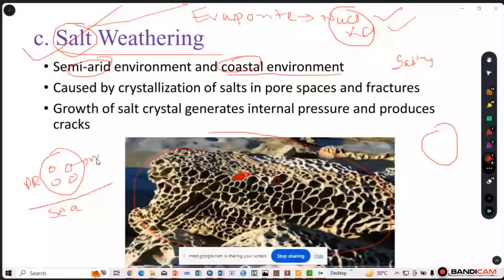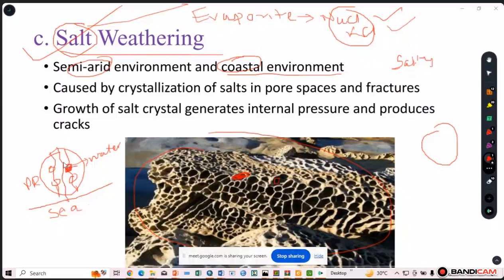After the evaporation, the ions get deposited in those pore spaces, and these develop some internal pressure. After the internal pressure, what happens? This type of breakdown occurs.